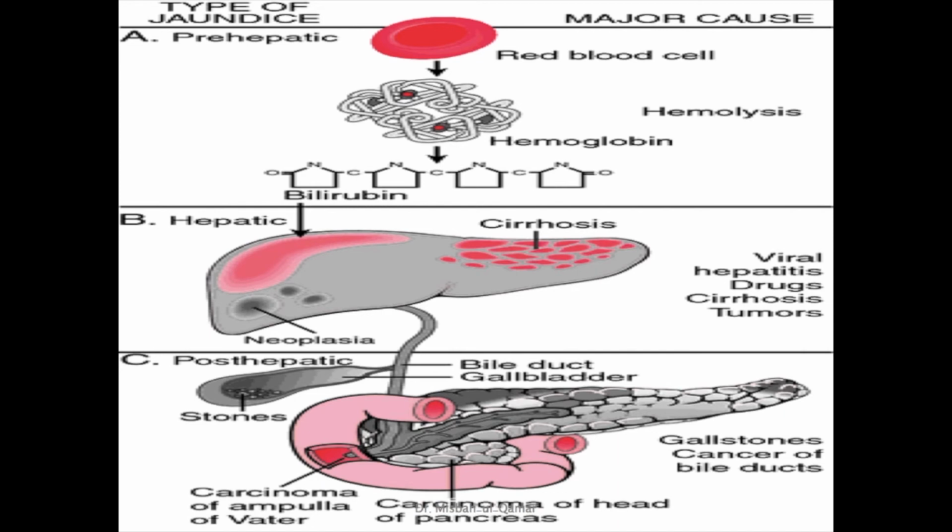This type of jaundice was previously known as acholuric jaundice because of no bile pigments in urine and excessive unconjugated bilirubin in the circulating blood.